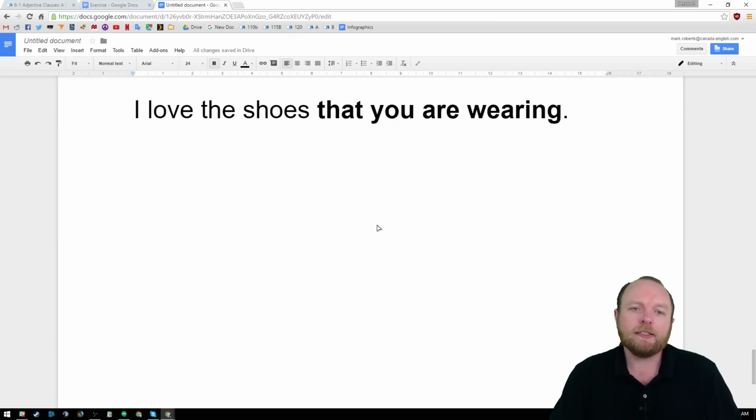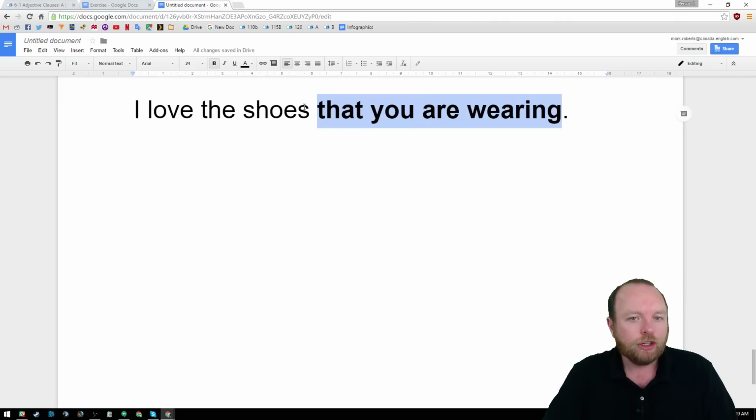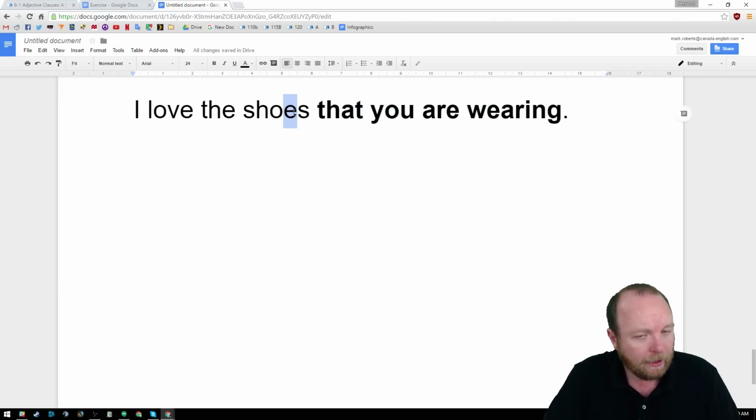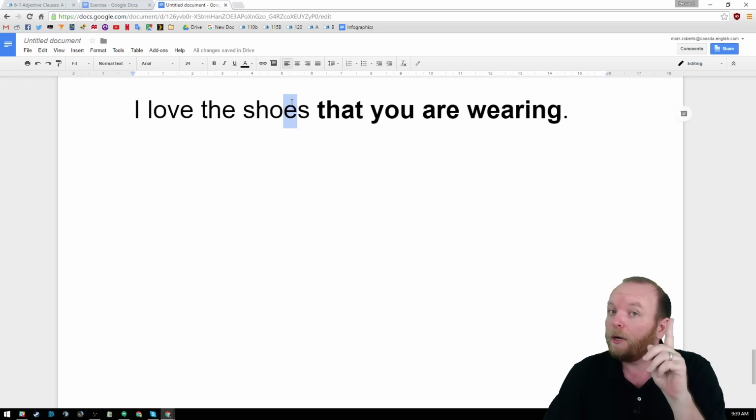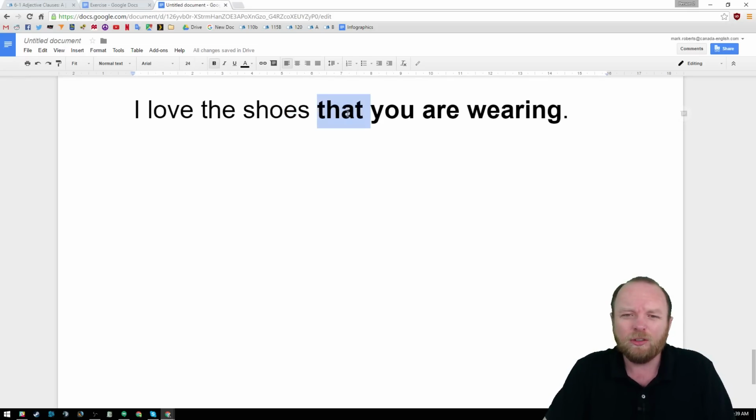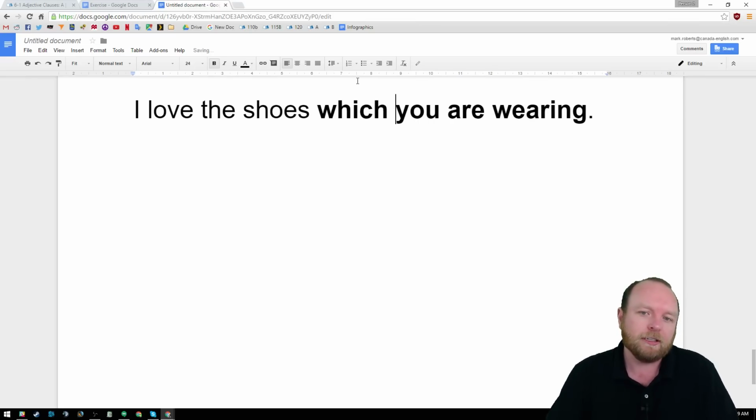Let's look at this sentence now. The adjective clause, look, that you are wearing. Shoes is a thing. So remember, for things we usually say that, but which is okay. Let's use which for an example, because it's fun. I love the shoes which you are wearing.